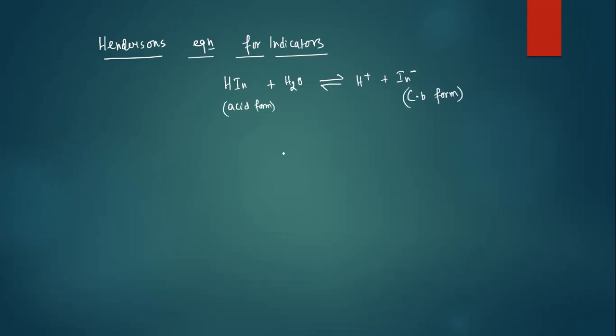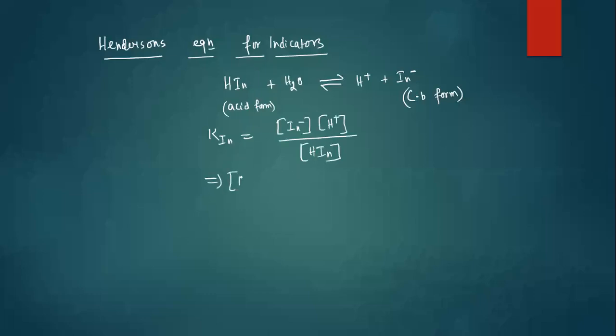If this is the acid form, this is conjugate base form. Now, if you want to find the dissociation constant for the indicator dissociation, then it should be In- times H+ by HIn. I'm not going to take the water, definitely. I think this is okay with you guys.